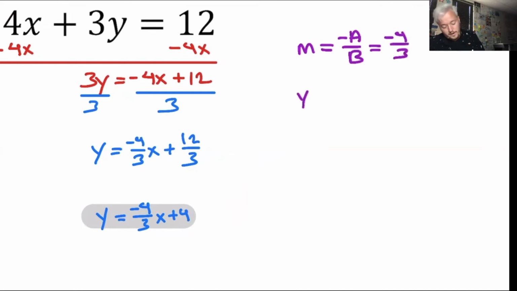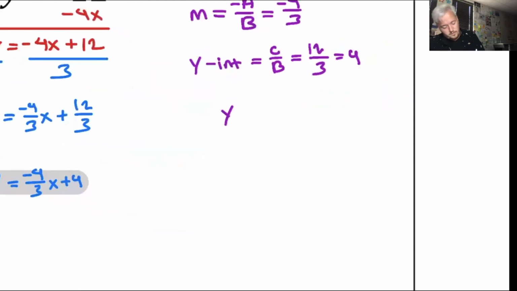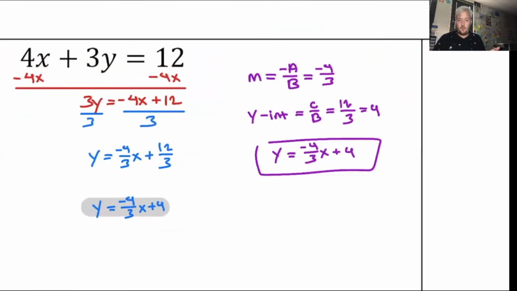And then your y-intercept is c over b. So 12/3, which gives you 4. So then you could have your slope and your y-intercept. It actually works either way. You could technically do either one.